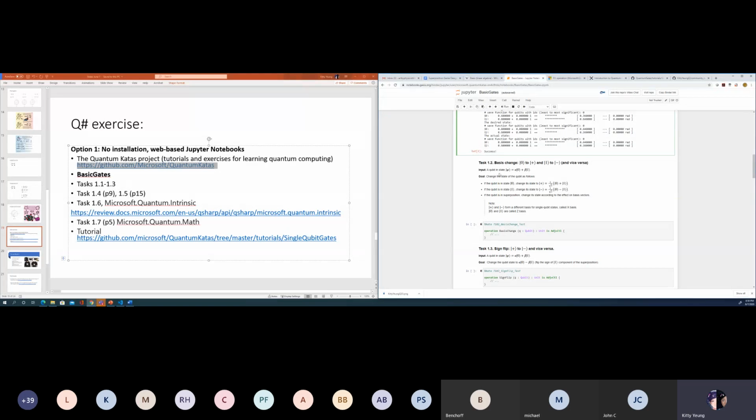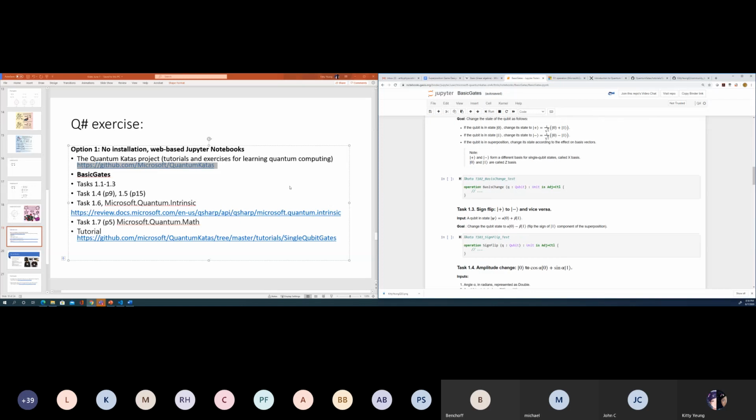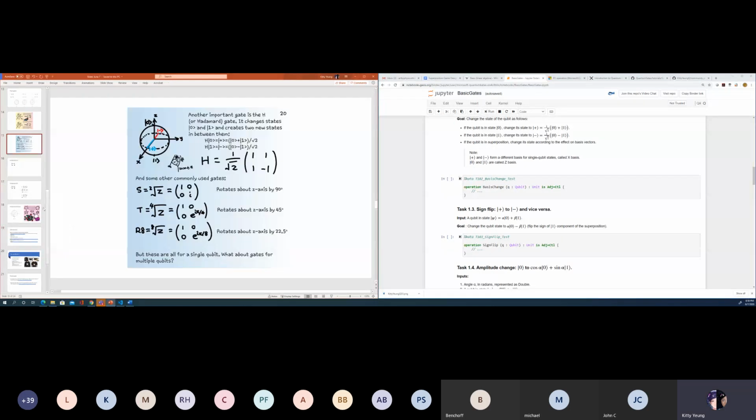It says that a qubit is in, again, an arbitrary initial state, but it could be 0 or 1. If it is 0, change the state to plus. If it's 1, change it to minus. We actually spent quite a few minutes talking about this gate, so this is exactly what we need.